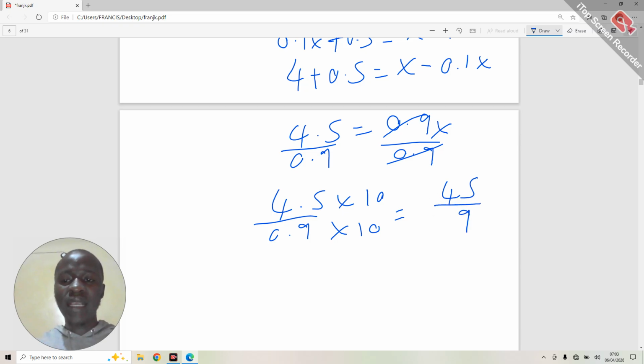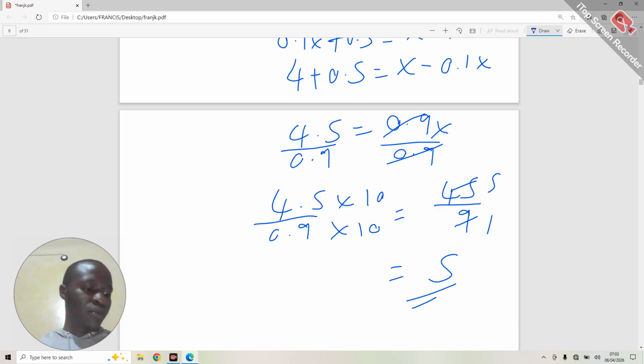Then I can simplify, and I'll have my answer as 5. So make sure you read the question and know, is the question limiting me not to use a calculator? And be very careful when the question has limited you not to use a calculator.